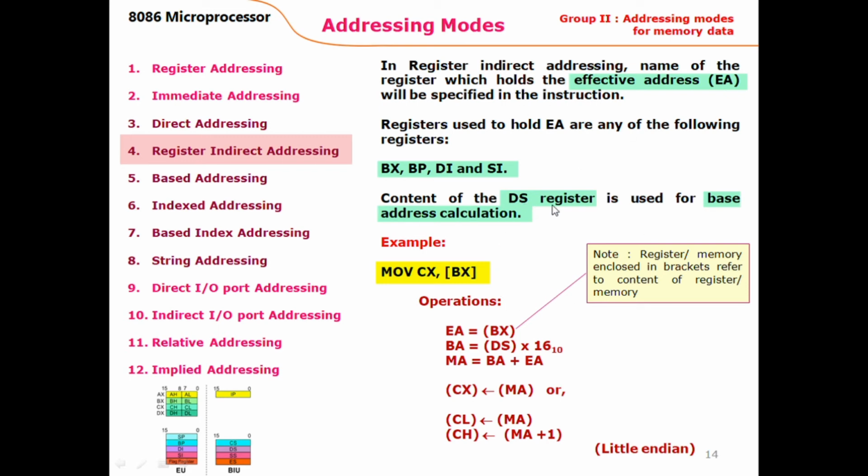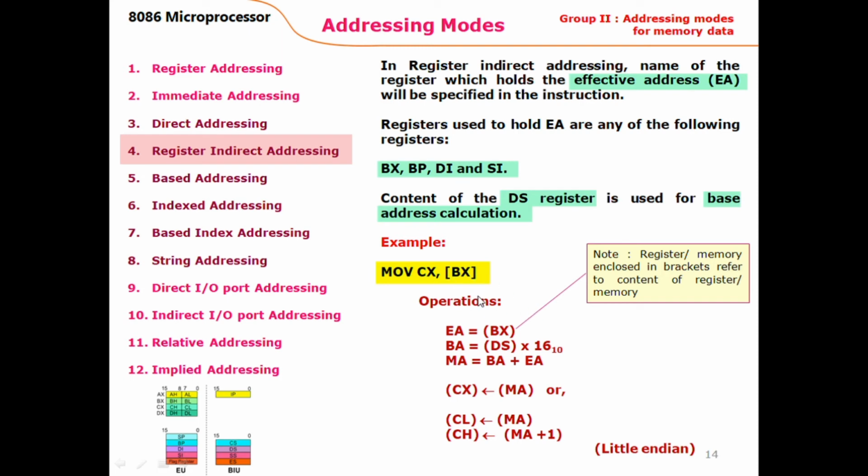The content of the data segment register is used for base address calculation. Just like in the previous mode, the data segment register is not mentioned here, but it is implicit. So what happens here? The 16-bit content from this effective address in the data segment is transferred to the 16-bit CX register.